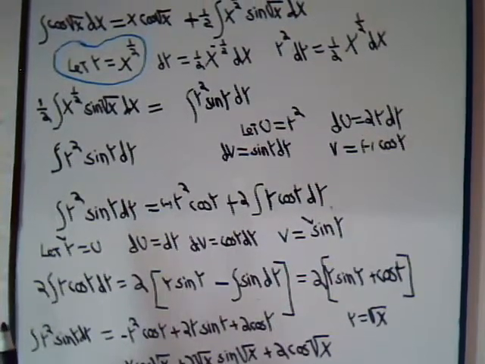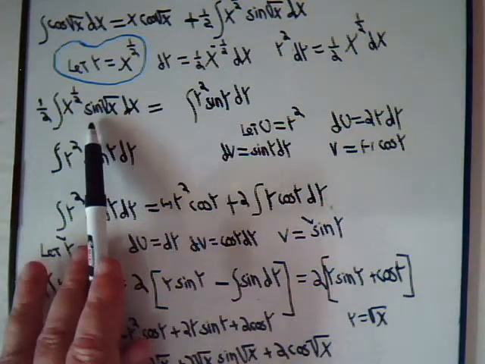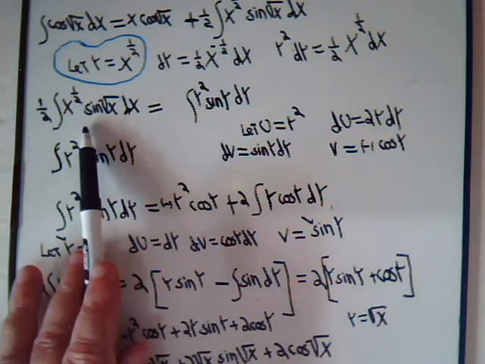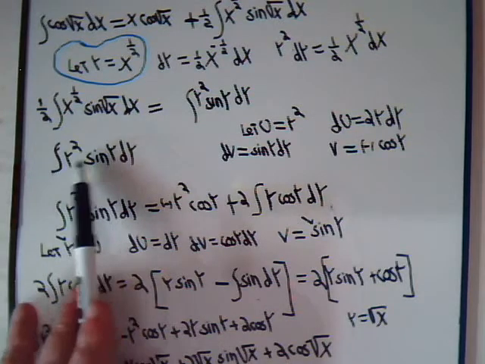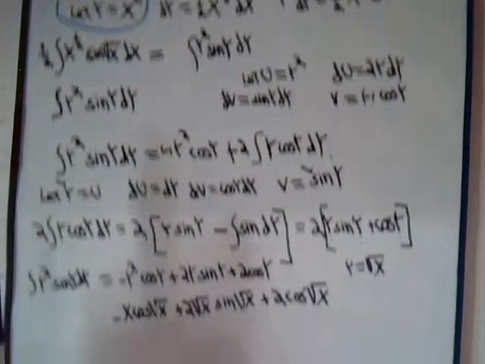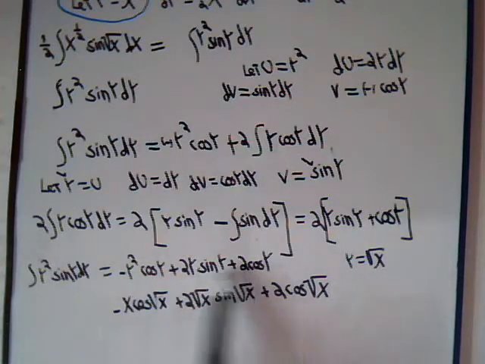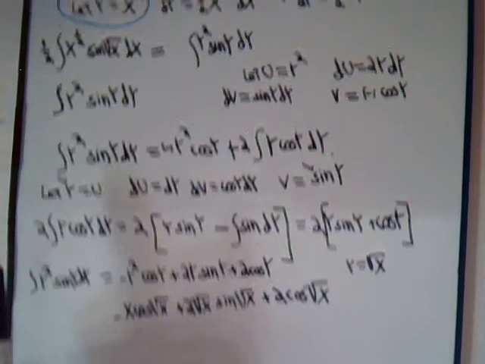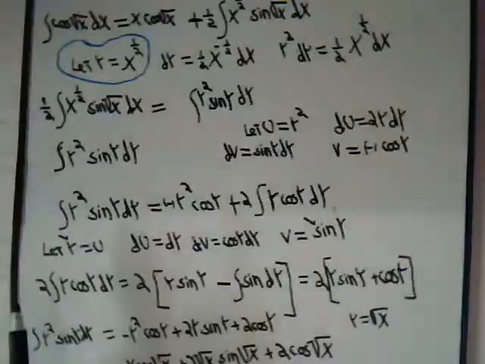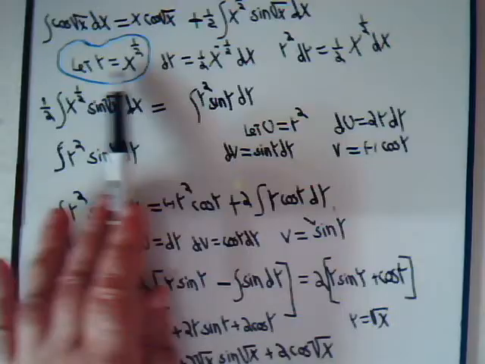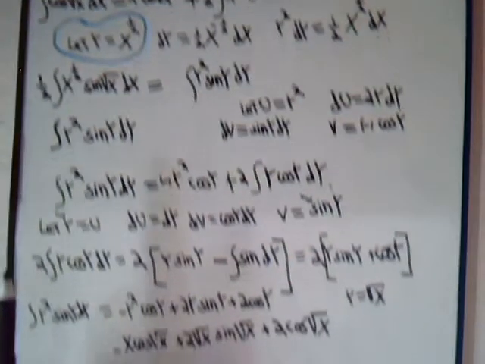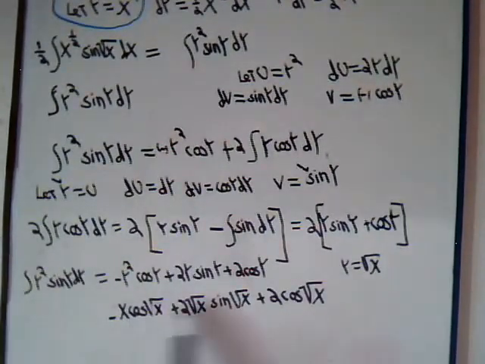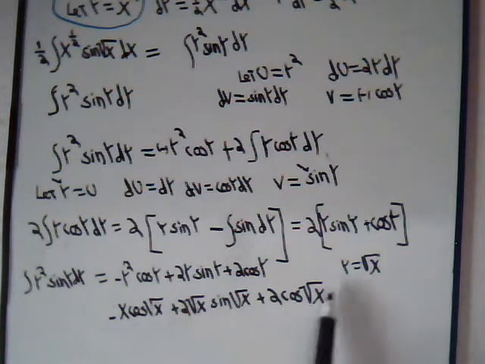Again, so there's no confusion. We had this integral, we made a substitution, and we got it into this integral. We solved this integral here. We got this expression. So now we're backtracking. And we're saying, well, if we make our substitution, then we would have the answer for this integral. And that's this right here, after we made our substitution that y equals the square root of x.